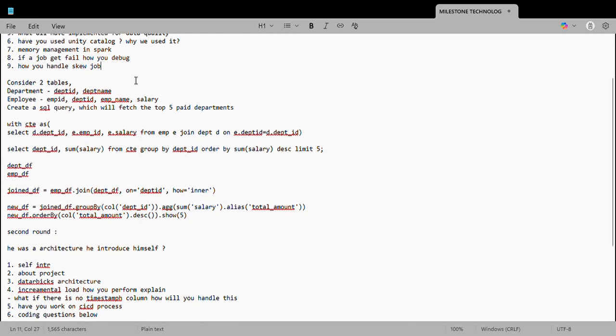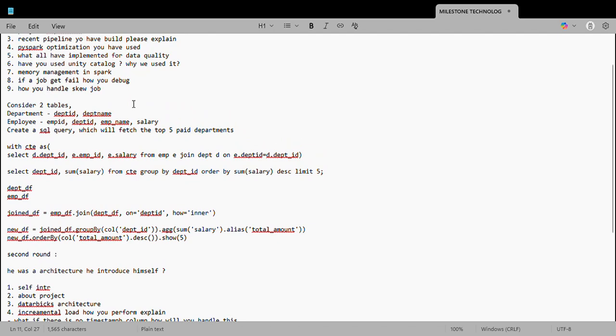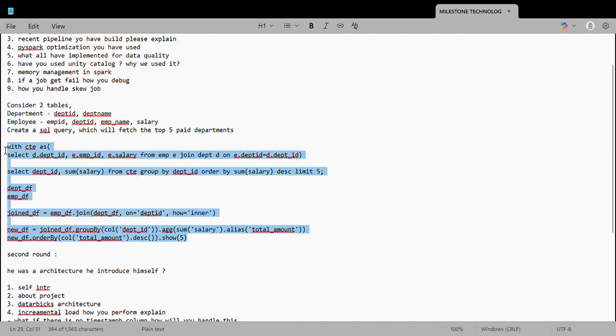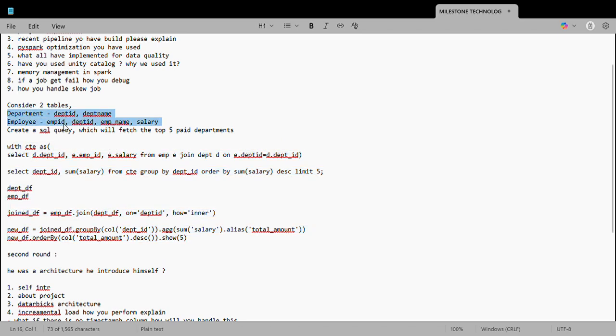After that he asked me to share the screen and gave a problem where I needed to code. There are two tables, department and employee. I need to create a SQL query which will fetch the top 5 paid departments. The question is simple.